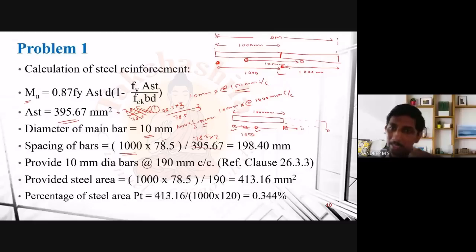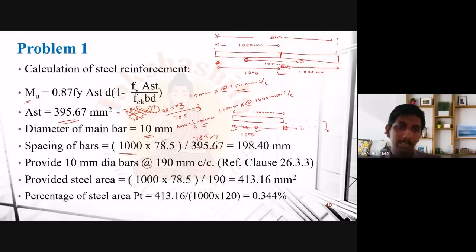So I just demonstrated whether this equation is correct or not. In order to calculate the spacing, you just multiply 1000 into the area of cross section of one of the bars. Since I have taken 10 mm diameter, my area will be 78.5. If I had taken 12 mm diameter, my area would be different; you have to substitute the corresponding area here, area of single cross section divided by the total area required as you obtained here.